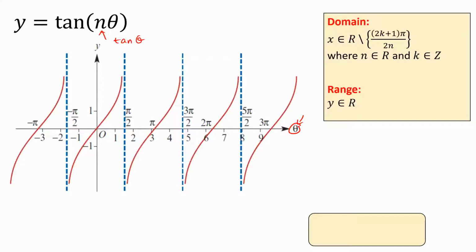It's a dilation factor, so it can be any number you want. And k is just your integers. That will tell you the domain. Whereas for range, we can clearly look at the graph and say it goes on to infinity, so it has a range of all real values.